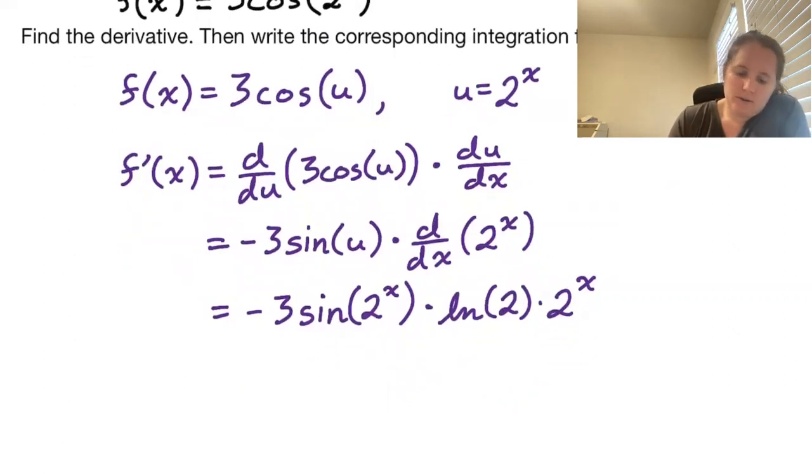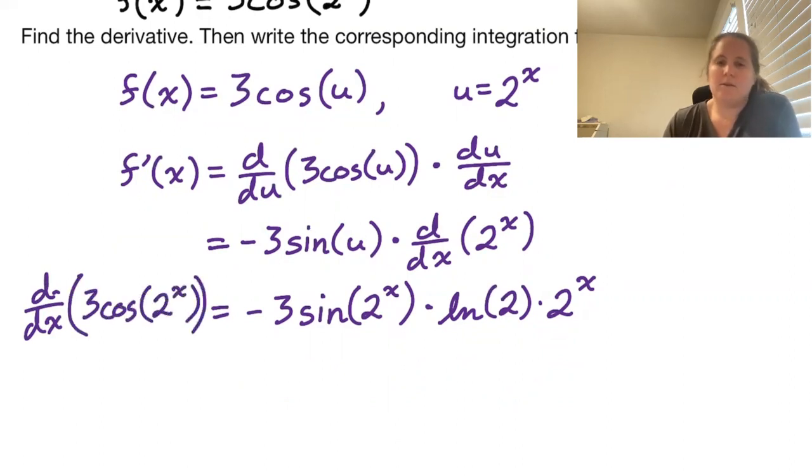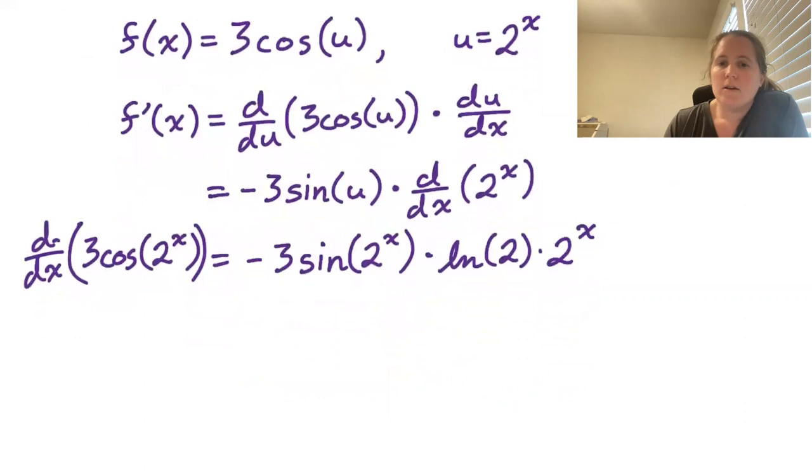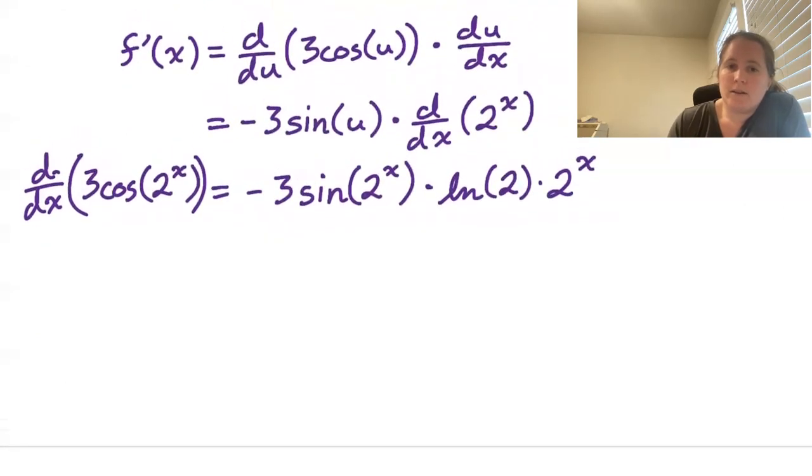So essentially what we just found was that the derivative with respect to x of 3 cosine of 2 to the x is equal to -3 sine of 2 to the x times the natural log of 2 times 2 to the x. So if we want the corresponding integration fact, we're going the other way around.